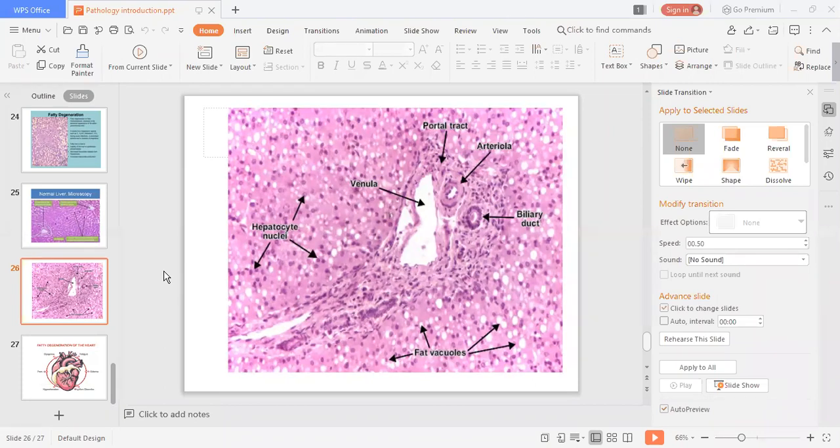So please write down these causes of fat accumulation, by which ways the fat accumulates either in the center of the lobule or at the periphery of the lobule, depending upon the disease process. Then the next cause is administration of toxic substances like chloroform, carbon tetrachloride, or alcohol.